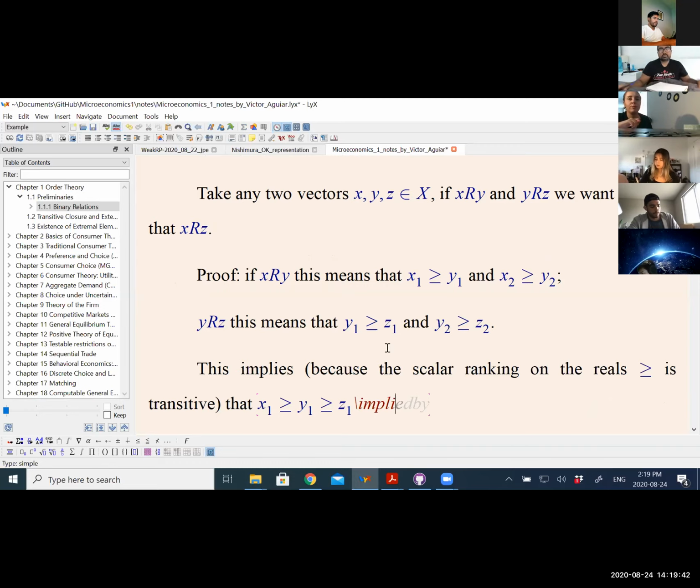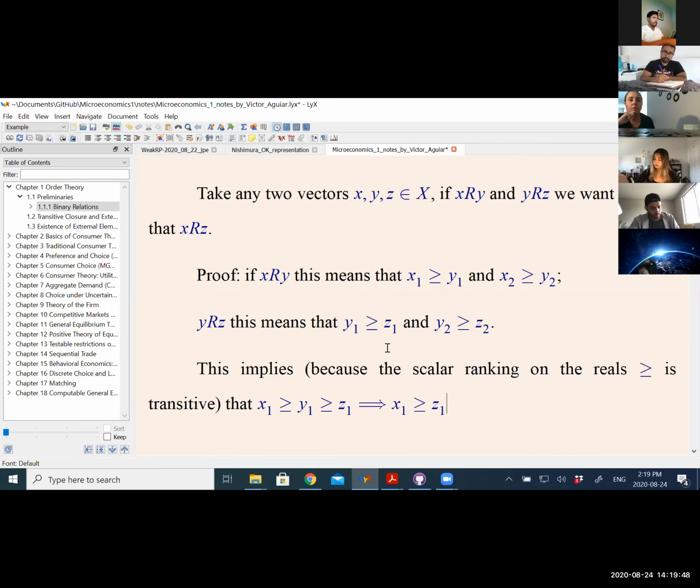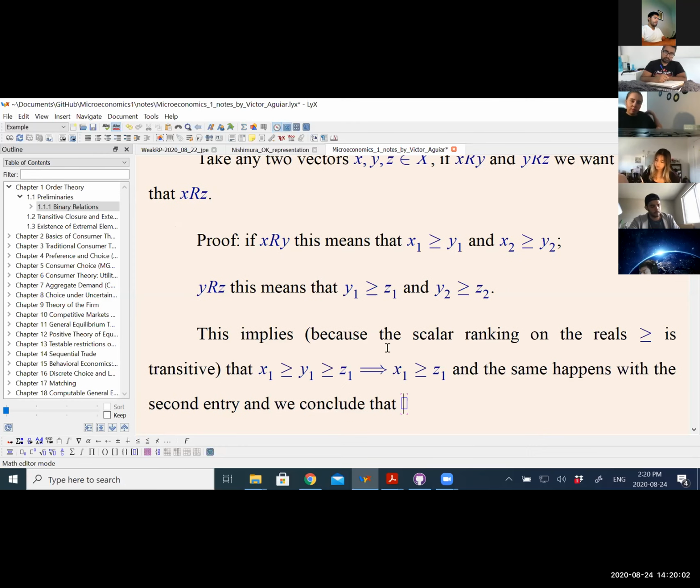Because of transitivity, this implies that x1 is greater than or equal to z1. And the same happens with the second entry. And we conclude that x2 is greater than or equal to z2, okay?